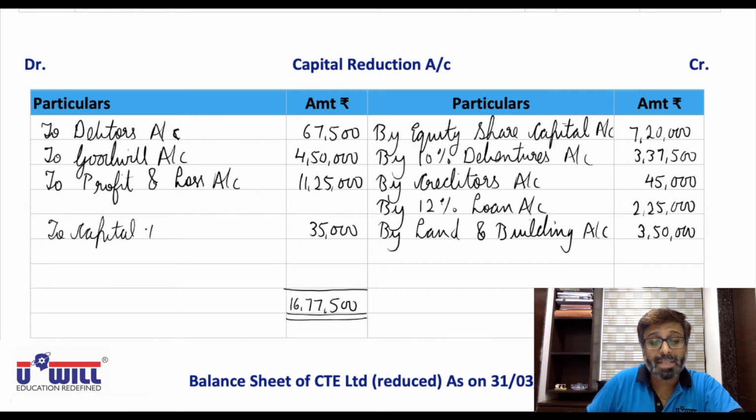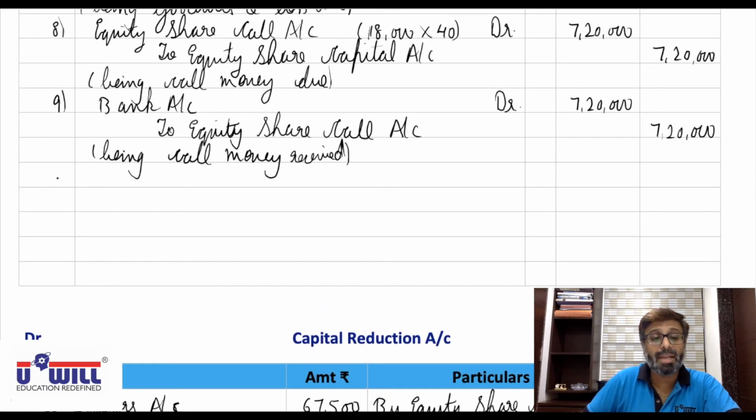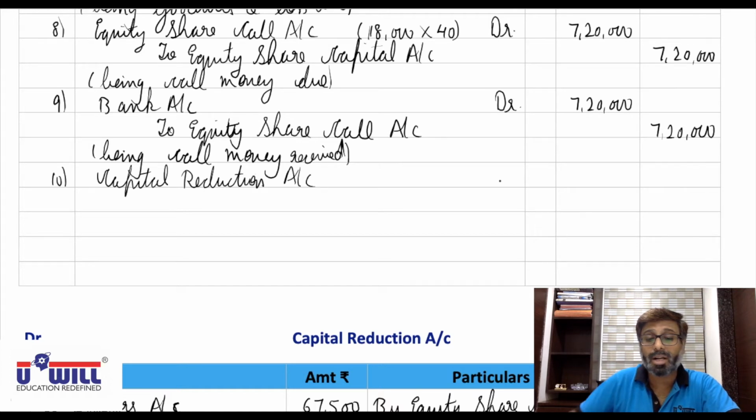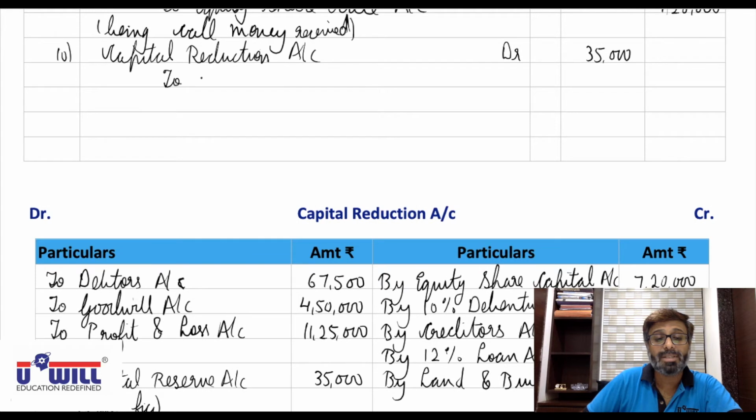Okay, if at all any surplus remains in capital reduction account, you must transfer it to capital reserve, balancing figure. So the journal entry for this will be the 10th entry: capital reduction account debit, 35,000, to capital reserve account 35,000.